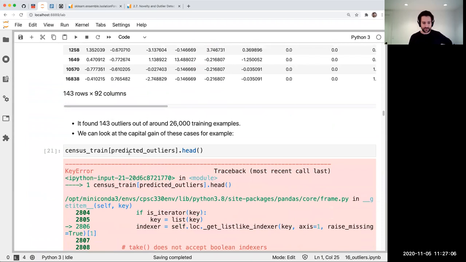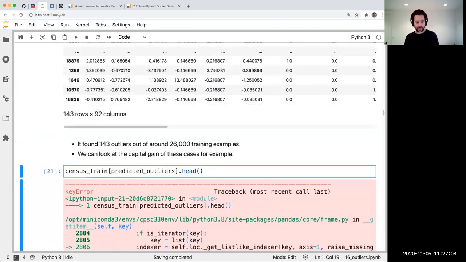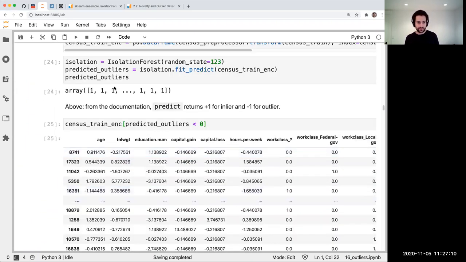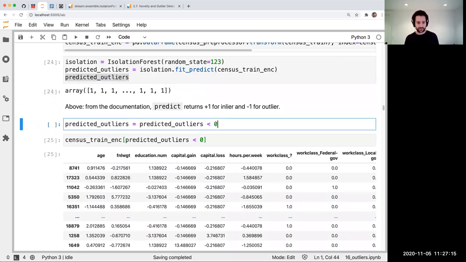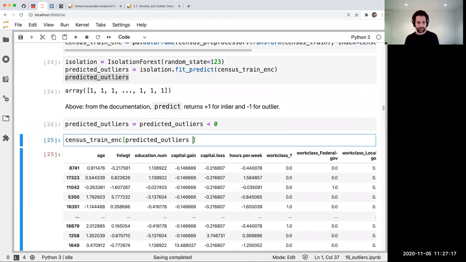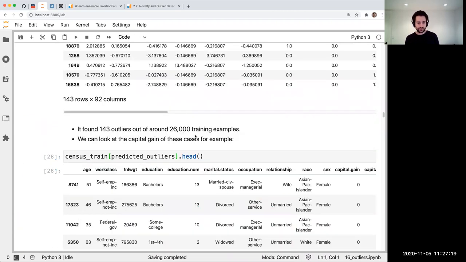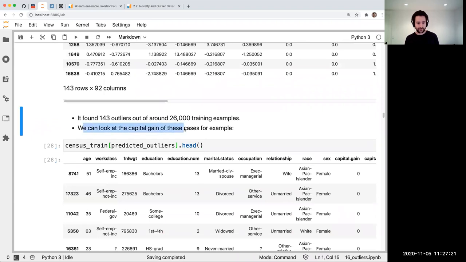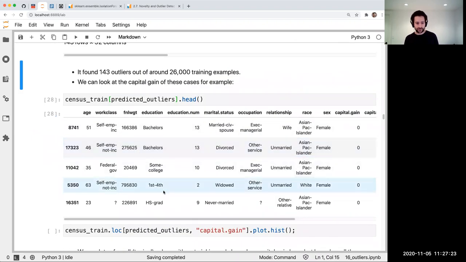Okay, let's keep going. Yeah, so what I really want to do is here. We can look at the capital gain for these cases. That's right.